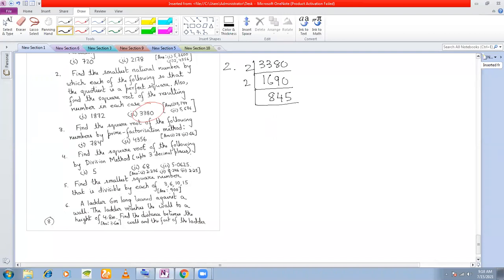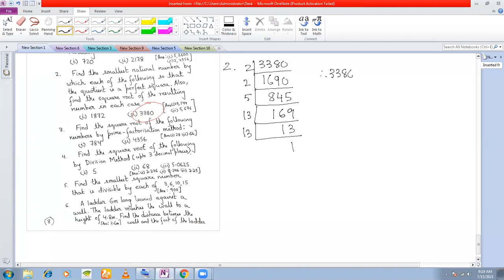Will it go with 3? No, it will not go with 3 also. It will not go with 4. It will go with 5. 169. And 169 is square of 13. So it will go with 13.